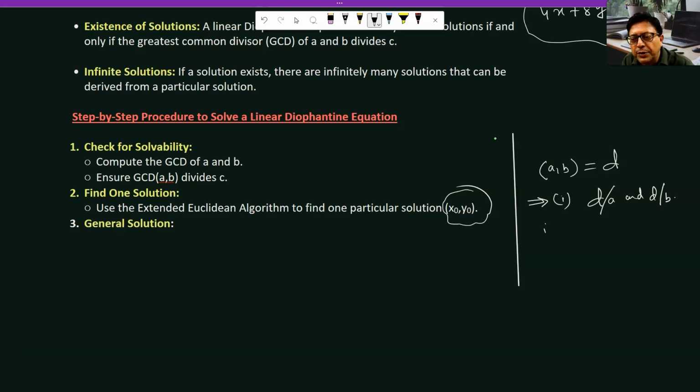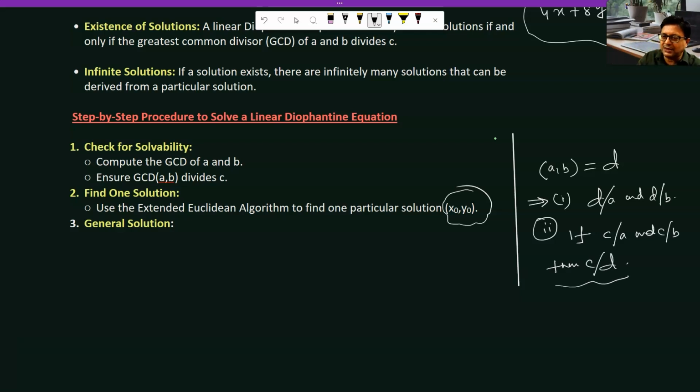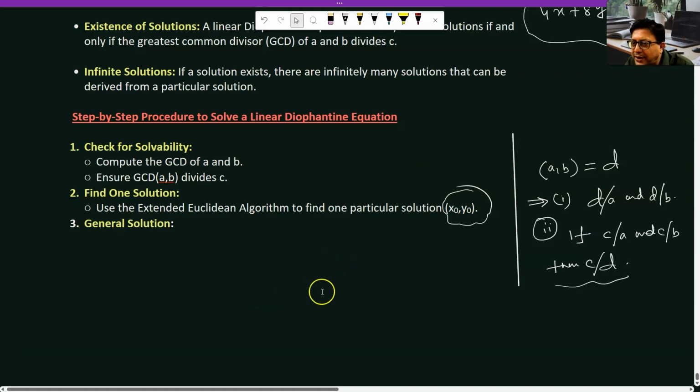Another condition I told you, that I will also remind: if there is another integer c, not equal to d, such that c divides a and c divides b, then c must divide d. I told you this last class also.